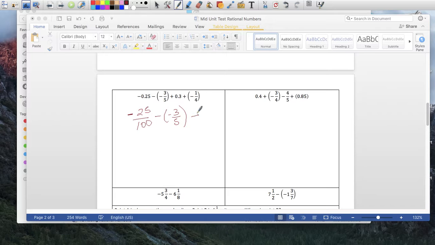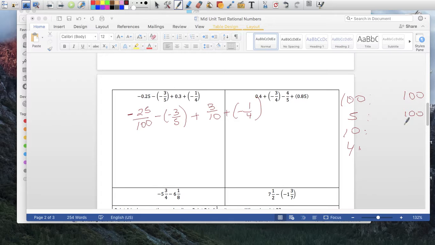Minus 3/5 plus 0.3, but better yet, 3 over 10 plus negative 1/4. Let's find the LCM of everybody. So the LCM of 100, 5, 10, and 4, it's going to be 100.